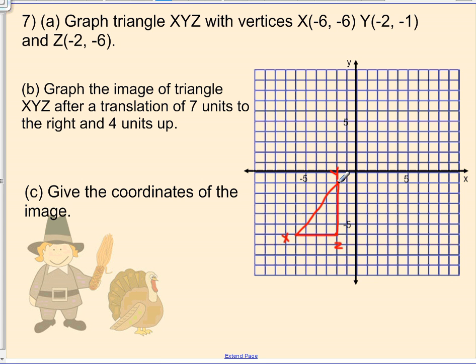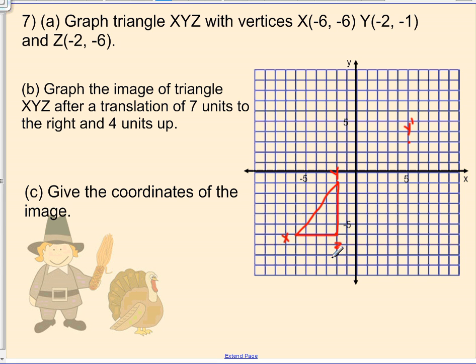So I'm going to take Y first because it's the top, it's a little easier. Okay, so I'm going to go 1, 2, 3, 4, 5, 6, 7, and up 4. So 1, 2, 3, 4. Okay, so that's my new Y, my Y prime.